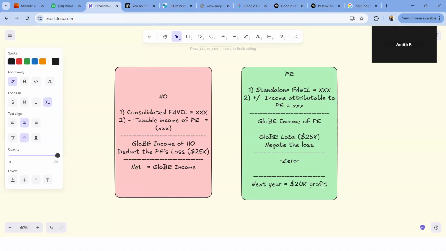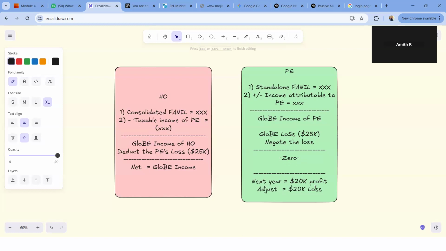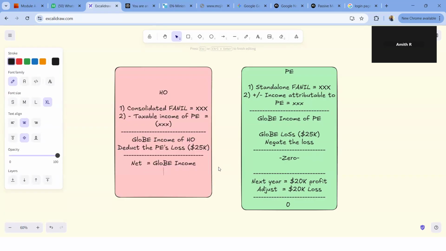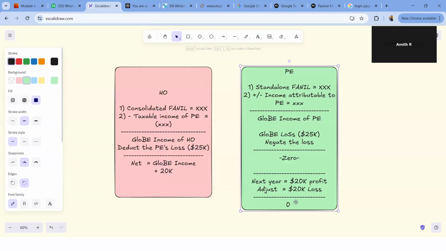So next year if you have 20K profit, adjust 20K loss, and what you will have is zero. What you will have the next year in the PE is also zero, and here you will add 20K. Now, in the subsequent year, let's say it is 10K, I have only 5K remaining. 5K would be my income and 5K would be adjusted here. So, this is how things will go.